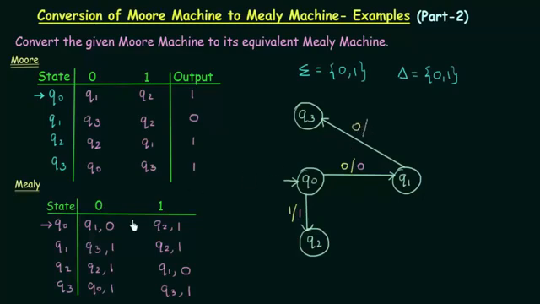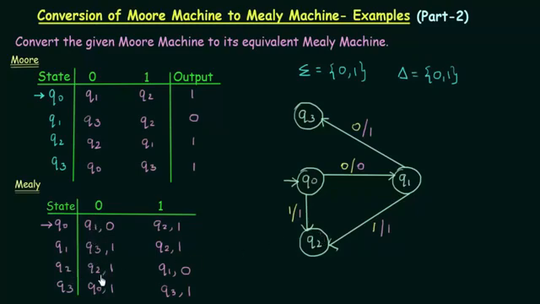And what is the output that it gives? The output it gives is 1. And then on input 1, where does Q1 go? Q1 goes to Q2. So I can send it to Q2 over here on input 1. The output it gives is also 1. So I'll give a 1 over here. So we have completed Q1. Now let's come to Q2.